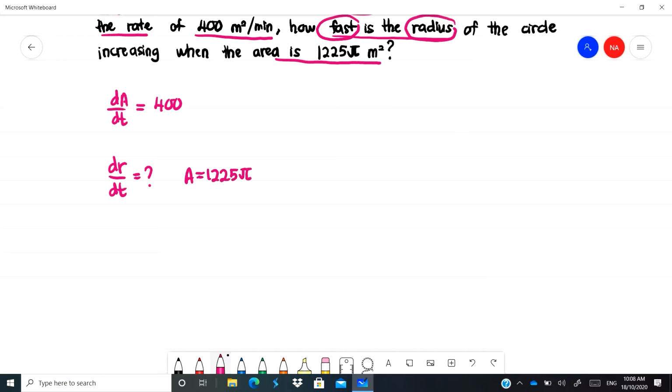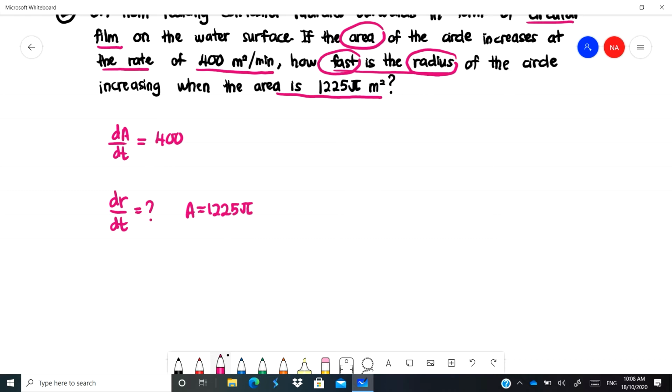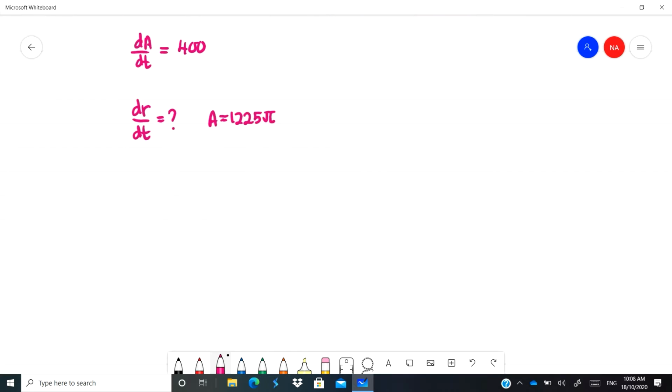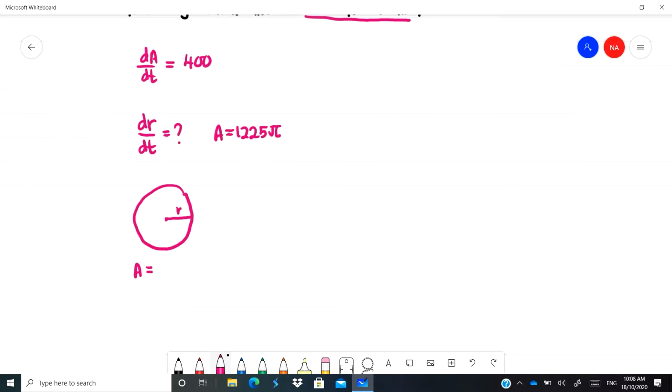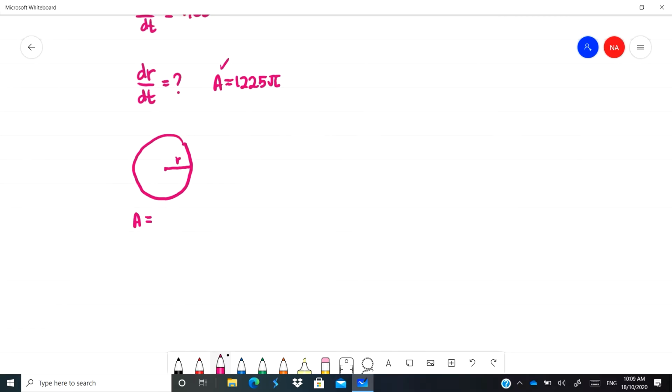Now we already know that the shape is a circle, so because we have the area given, we'll relate to the formula of area for a circle. Area of a circle is pi r squared.